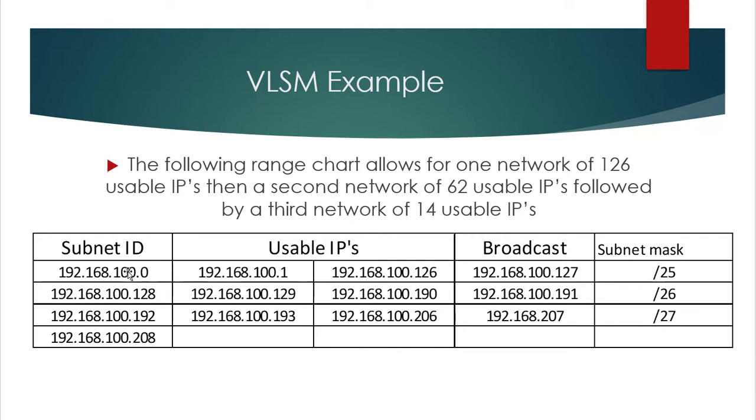So we keep doing the range chart the same way: you do one network, then you stop, then you figure out the new range, and then you figure out how many networks you need, and you just keep going like that. Once you figure out how to do this range chart stuff, it's very easy. You're just making the range chart, stopping, and then coming up with a new range. All right, let me show you a couple examples of me doing variable length subnet mask.